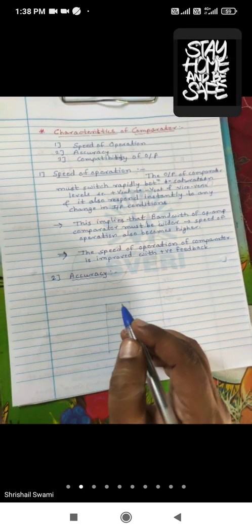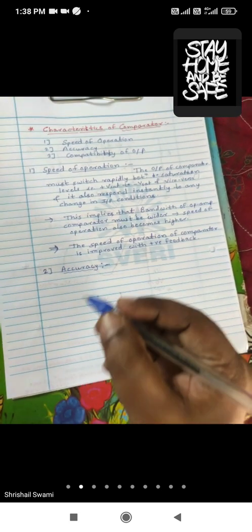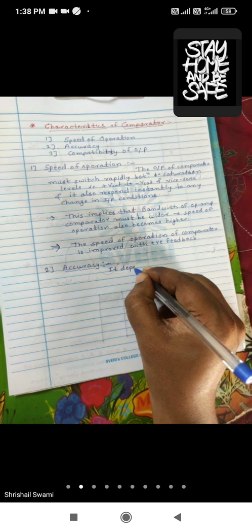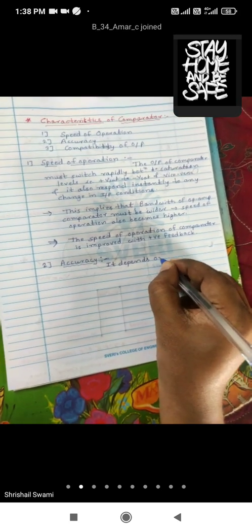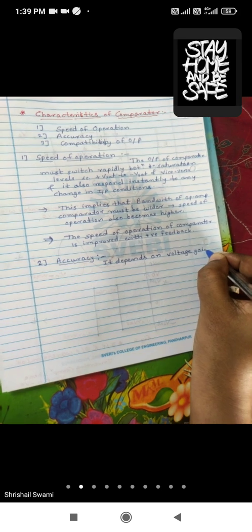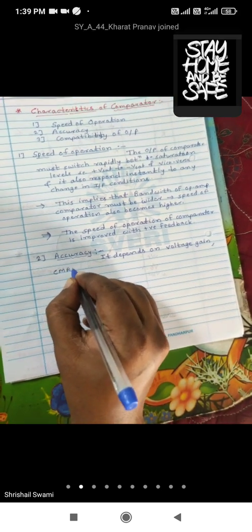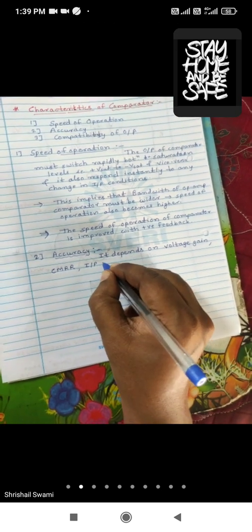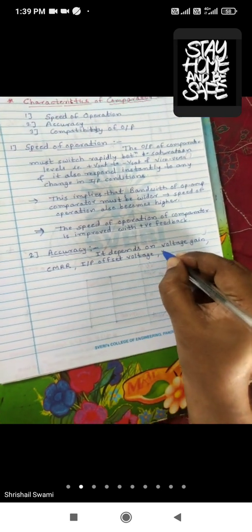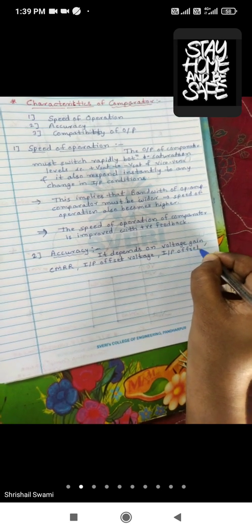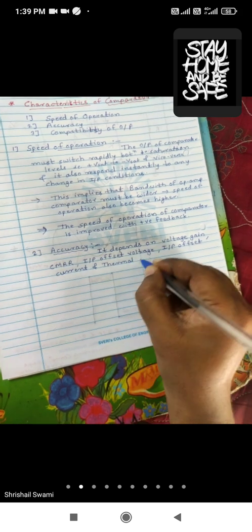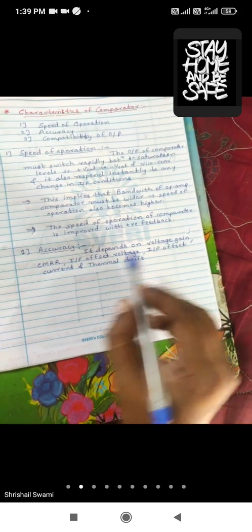Accuracy of the output voltage depends on the voltage gain of the amplifier, on CMRR, on input offset voltage, input offset current, and thermal drifts, meaning the change in temperature and its effect on these parameters.